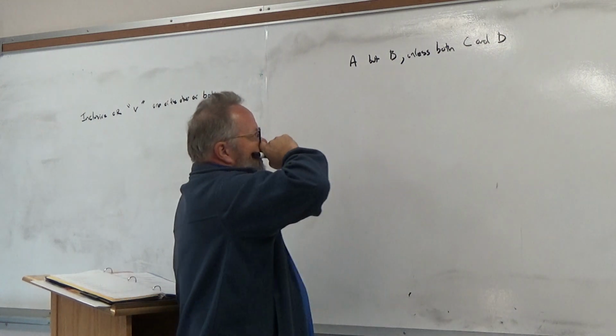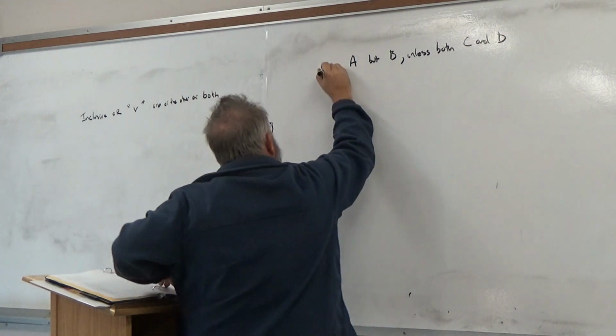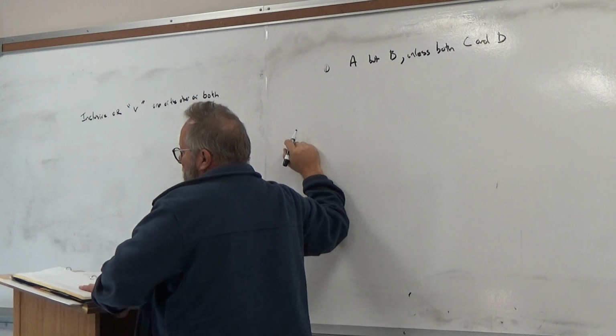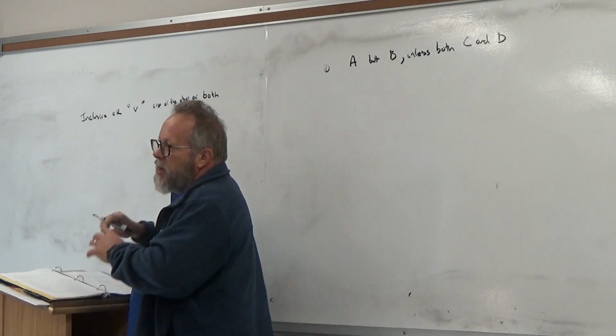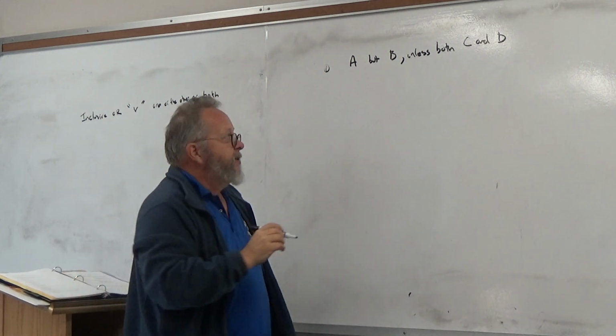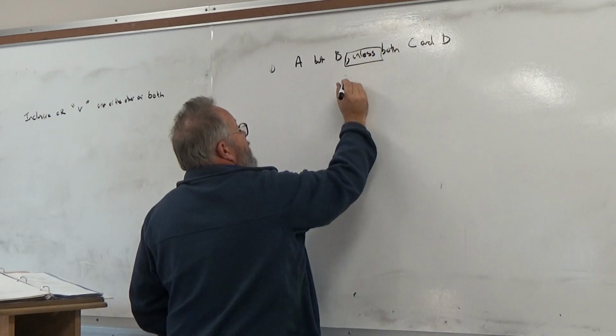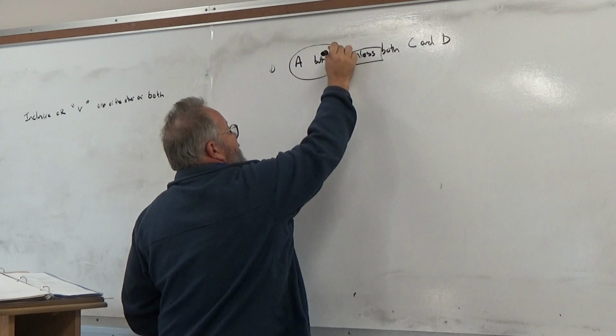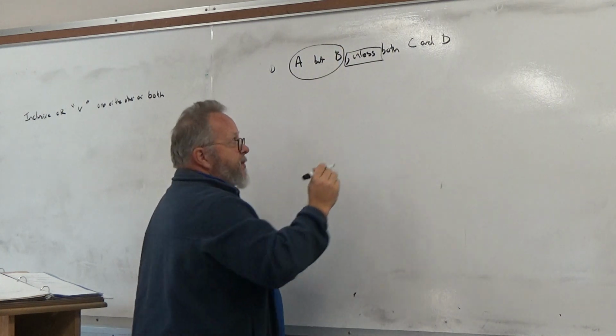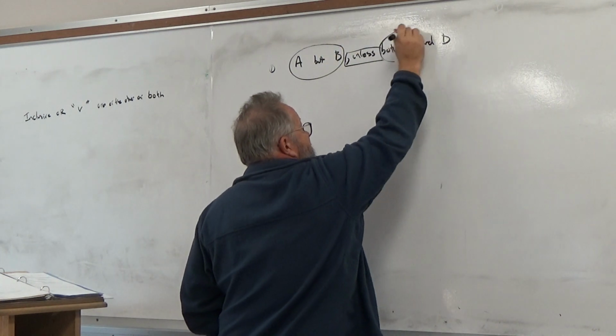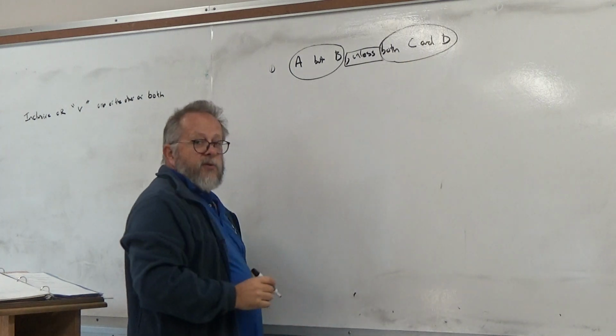Okay. So first thing I'm going to try to do is determine what the main logical operator is, and the fact that I have a comma with the logical operator tells me this is the main logical operator, okay? Which means all of this needs to stay together, so I need to keep it together with parentheses, and all of this needs to stay together, and I'll keep it together with parentheses.